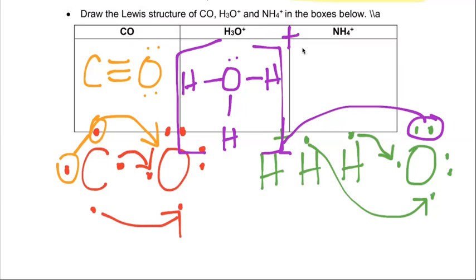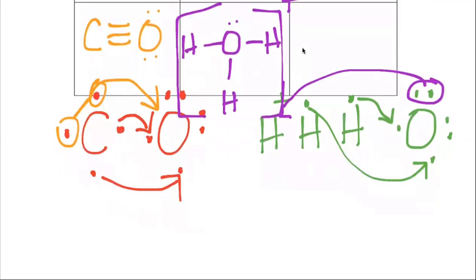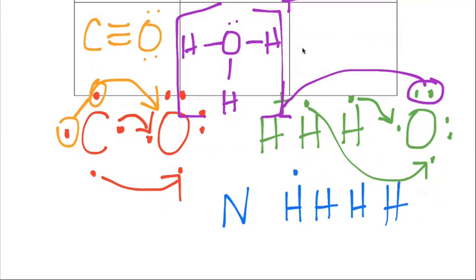Now the last one is going to be similar to this. It's just got nitrogen and hydrogens instead of oxygen and hydrogens. We have nitrogen and we have 4 hydrogens. Hydrogen has 1, but just like on the other one, one of the hydrogens is an ion. It's not a hydrogen atom, so it doesn't have an electron.